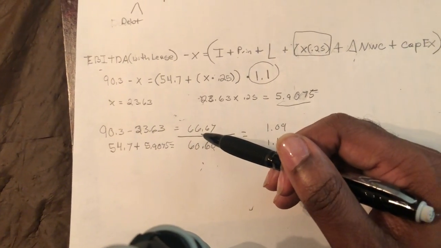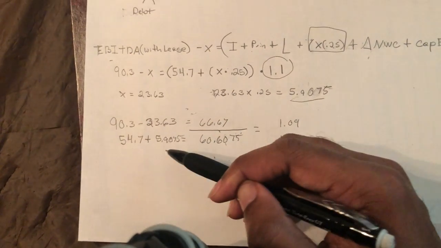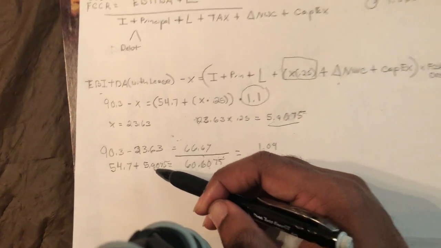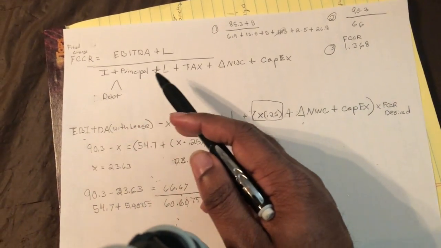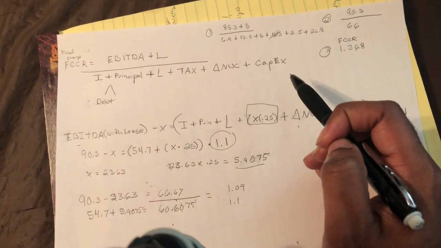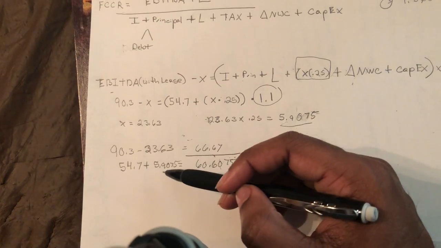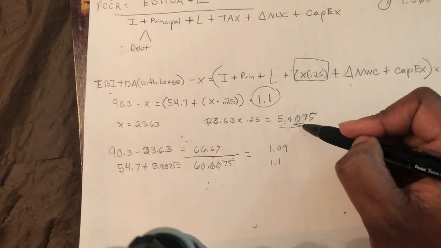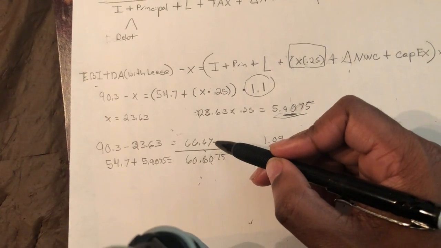That'll leave me with the numerator of 66.67 instead of the 90.3. And then in my denominator, I'm just taking what I had before, which is basically everything without the tax, which gives me again the 54.7, and I'm adding this new tax right here, right? So this is my new taxes.